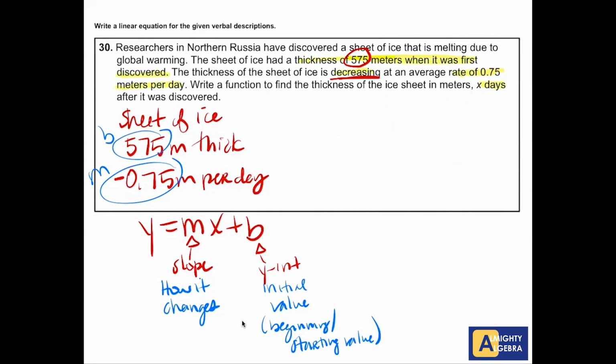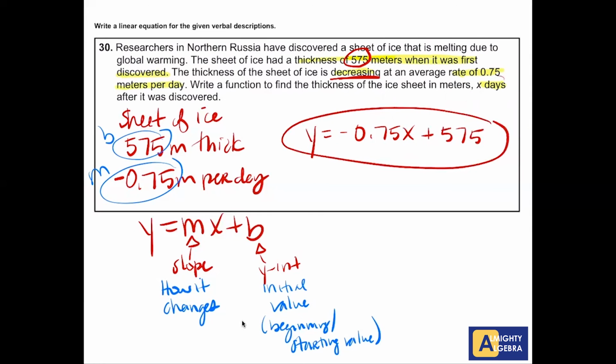Therefore, the equation of the line that models this description is y equals negative 0.75x plus 575. X represented days. Each day, it's decreasing 0.75 meters, and it started when it was discovered at 575 meters.